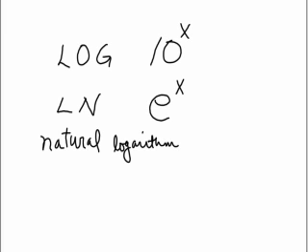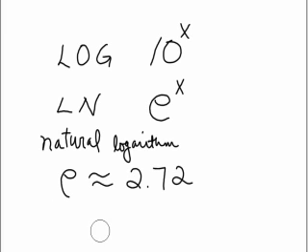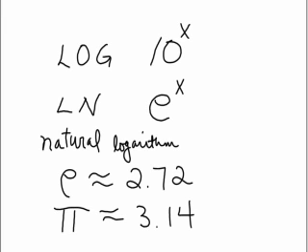And when we're dealing with e, all you really need to know at this point is that it's approximately 2.72. And so you probably know that you've been told over time that pi is an approximate value of 3.14. Well, in this case, just know that e is an approximate value of 2.72. Not exact, but it's very close to 2.72.